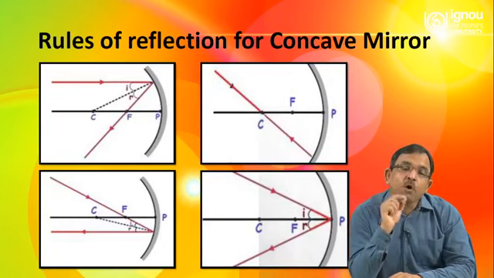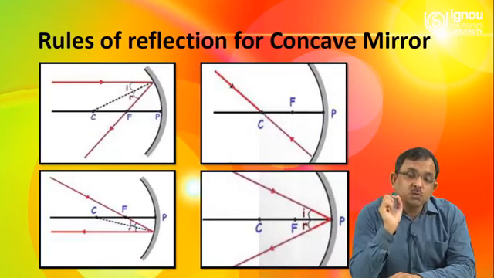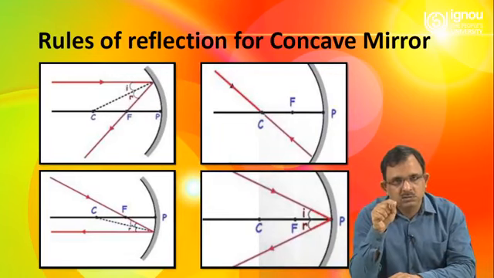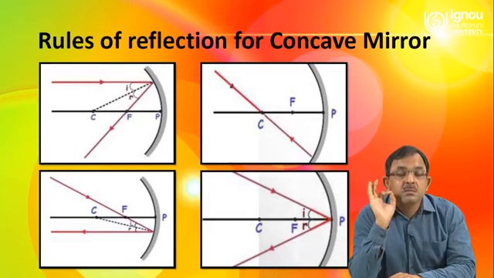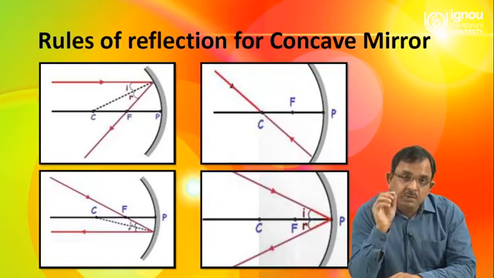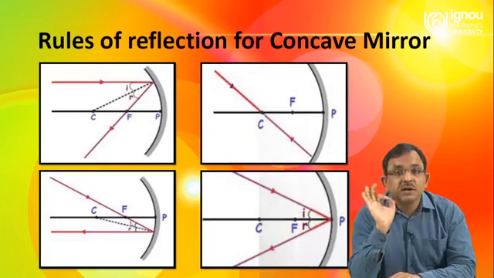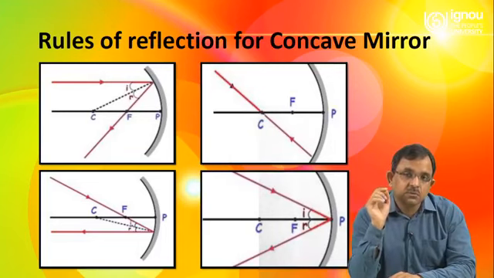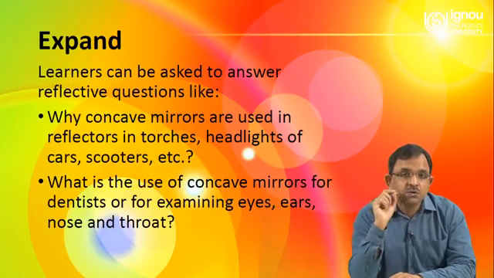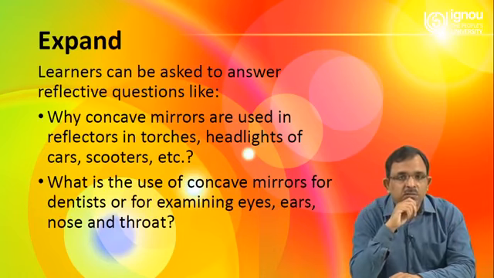Why are these rules important? These rules are important because if your students understand these rules, they will feel very comfortable when they draw the ray diagram of any image which is being formed.